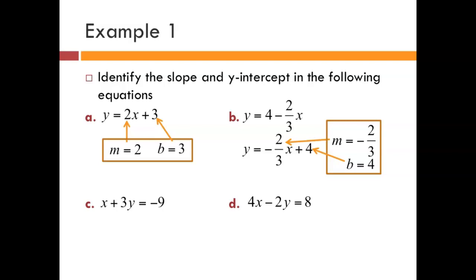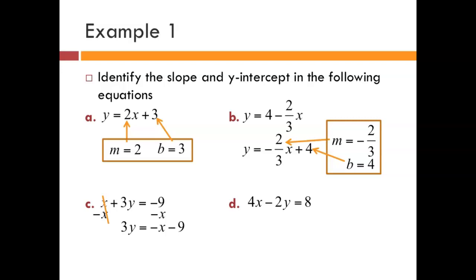All right, looking at this next one, we have x plus 3y equals negative 9. Now in this one, in order to determine what the slope and the y-intercept are, we need to get y by itself. So I'm going to start by subtracting x from both sides. That leaves us with 3y equals negative x minus 9.